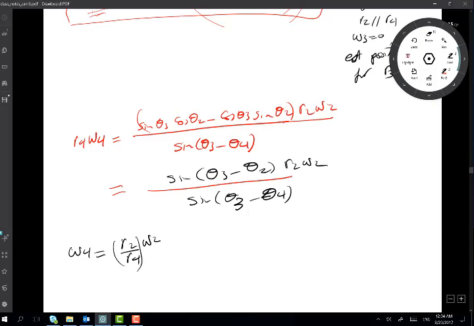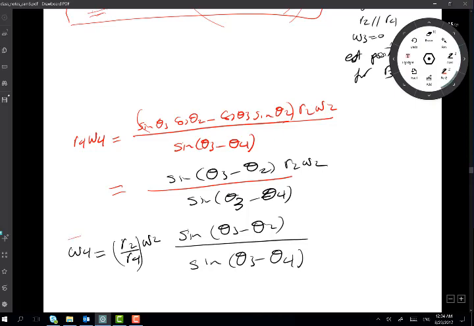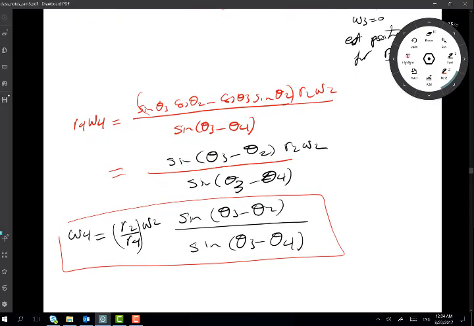You see this here, sine theta 3 minus theta 2 over sine theta 3 minus theta 4. And then you can tell from here when the rocker is going to stop, at both ends. The rocker will stop when theta 3 and theta 4 have the same value, or the difference between them is 180.